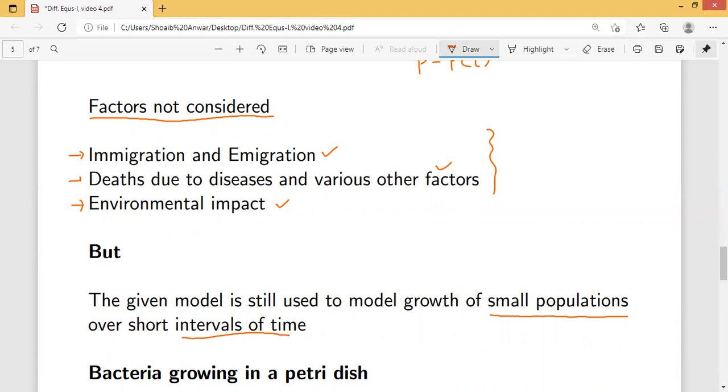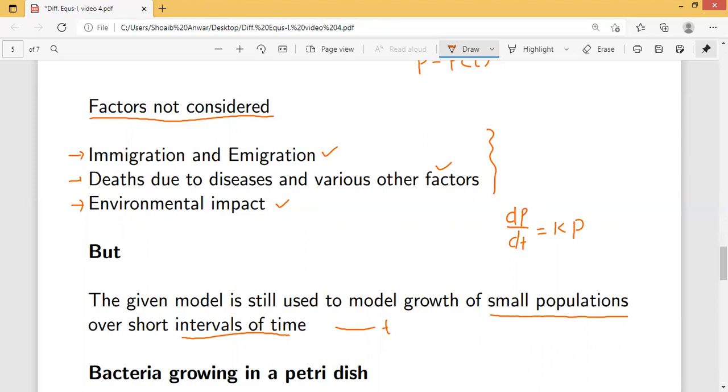The model dP by dt is equal to kP can be used for the prediction of the population in past, present, and future for small populations over a short interval of time.